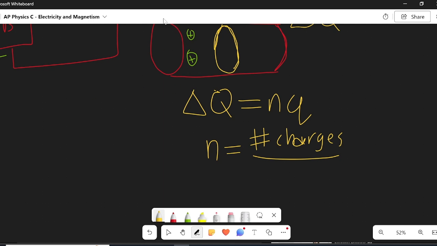In this case we're taking this cylinder, so the volume of the cylinder.